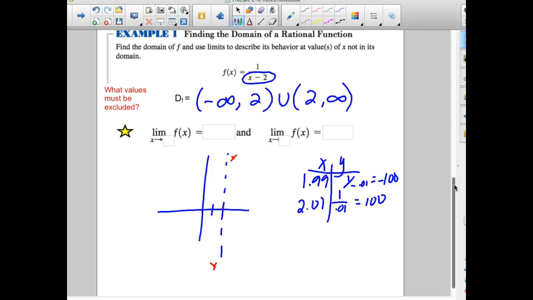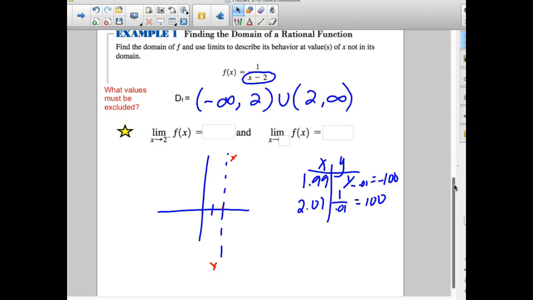Okay, so describing our limits. As we approach 2 from the left side, okay, we're using this 1.99 as an example, our y value is negative and large. Okay, so as we approach 2 from the left, we've talked about that notation before, correct?